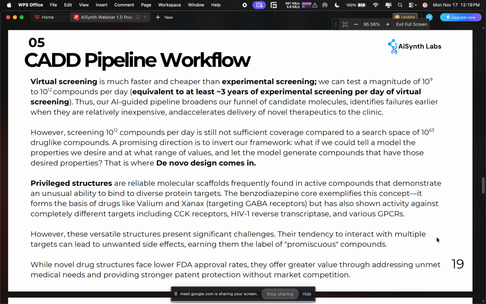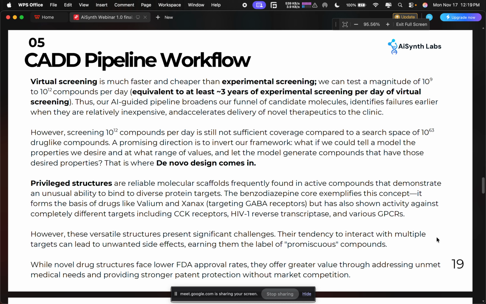Virtual screening is somewhat slower compared to de novo design, though they are all under computer-aided drug design. De novo is a little bit faster, but they have their advantages and disadvantages.